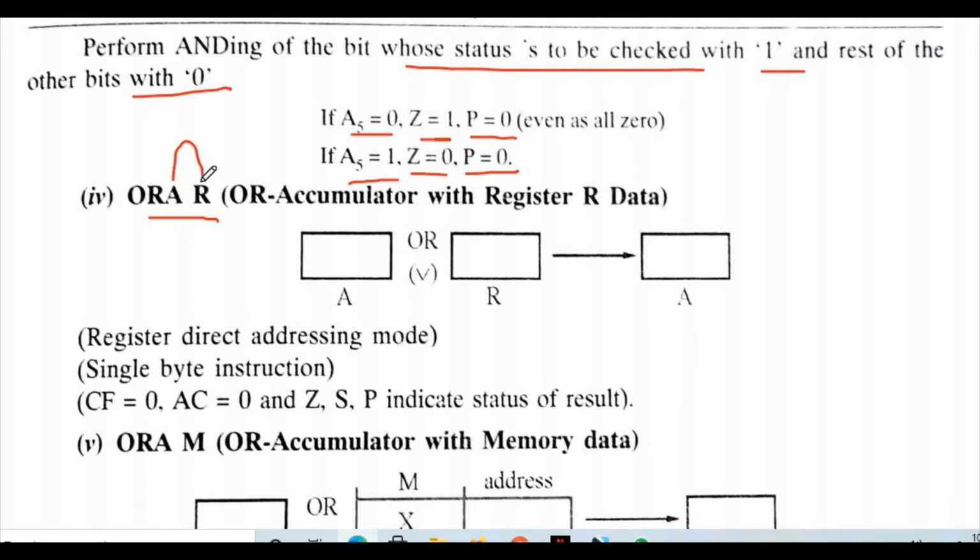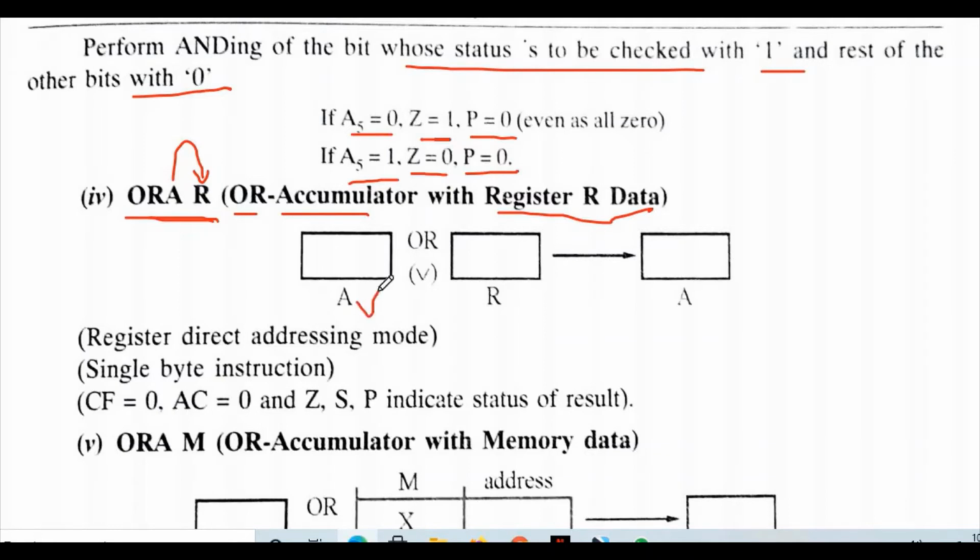After execution of this instruction, the microprocessor will do the ORing between the accumulator contents and the given register and store the result in the accumulator. Same way as in the previous ANDing instruction, the final result was stored in the accumulator.